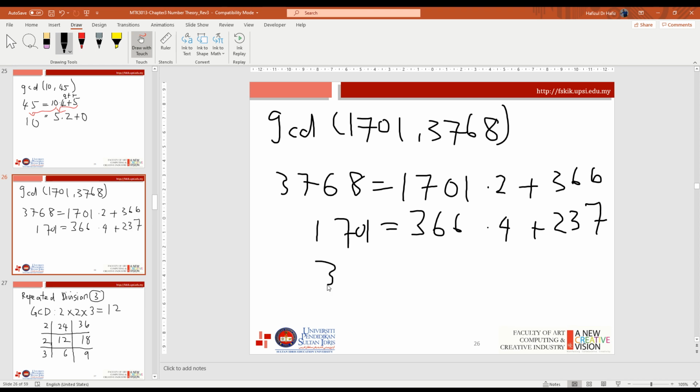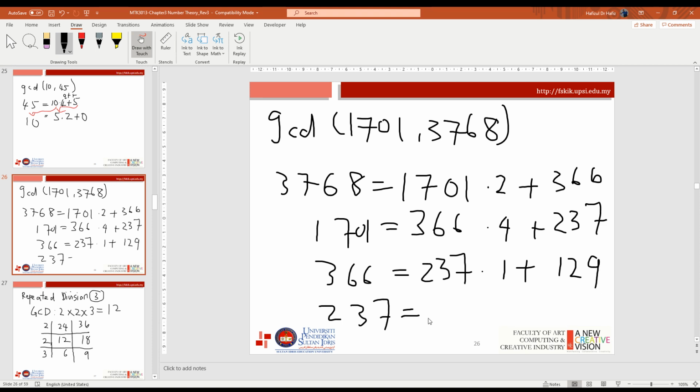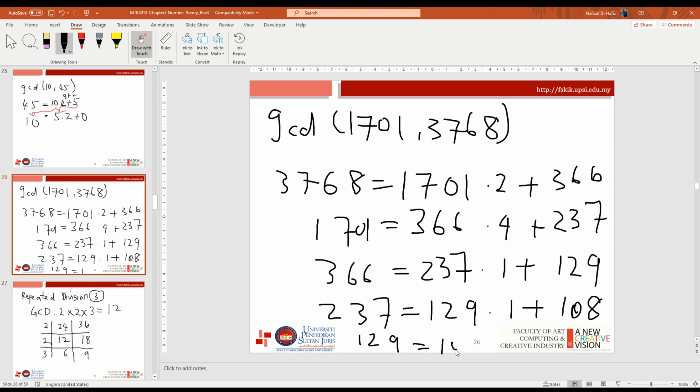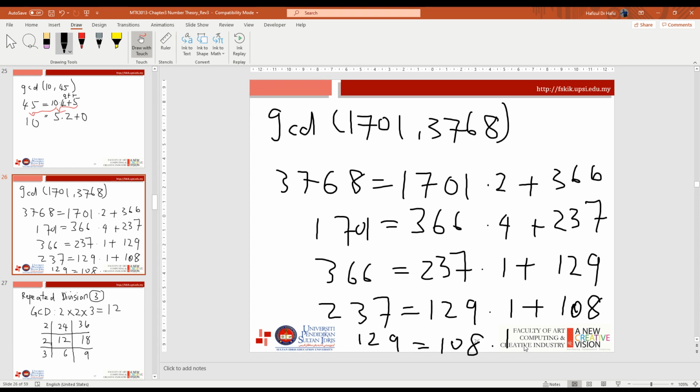And then 366 is equivalent to 237 multiplied by 1 plus 129. Then we got 237 is equivalent to 129 multiplied by 1 plus 108. And then 129 is equivalent to 108 multiplied by 1 plus 21.